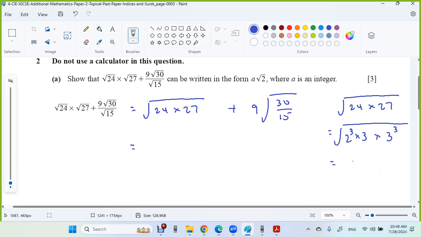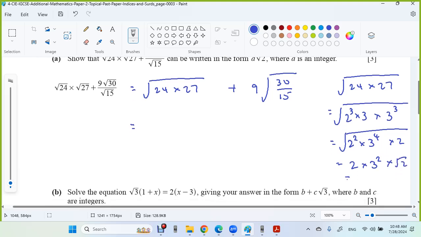So it's 2 square times 3 power 4 times 2. Then it's 2 times 3 square times square root 2, then this is 18 square root 2. 18 square root 2 plus 9 square root 2, then is 27 square root 2. So this one we cancel.